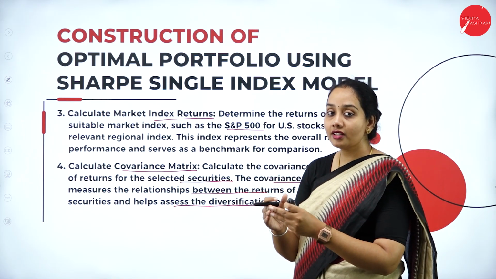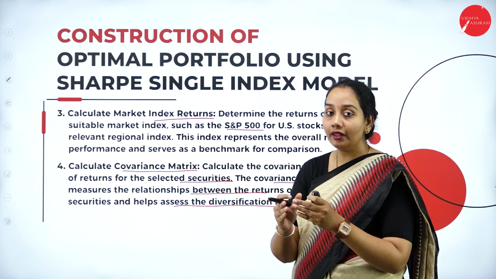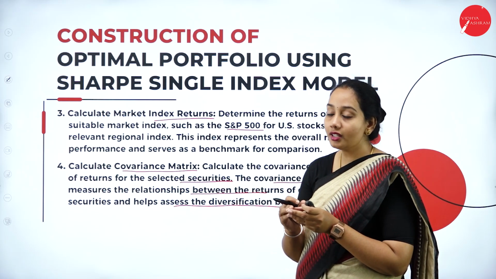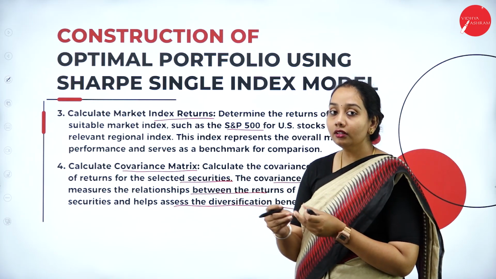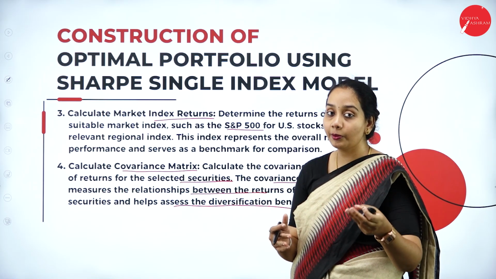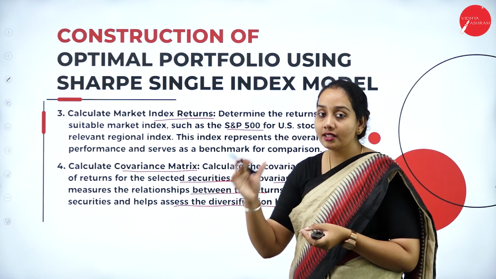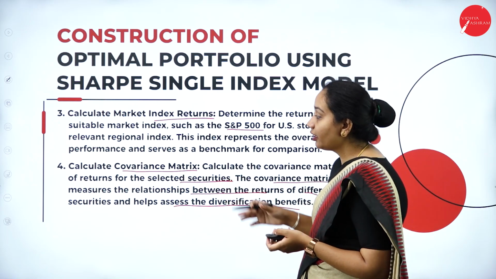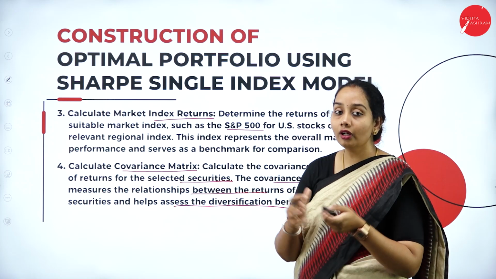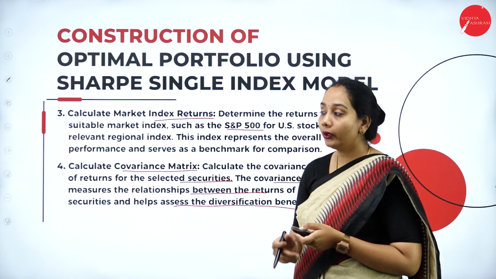That means covariance is the relation between the returns and the risks of such securities, analyzing the maximum returns that the securities are getting, and what is the risk percentage that you are going to face in such securities.